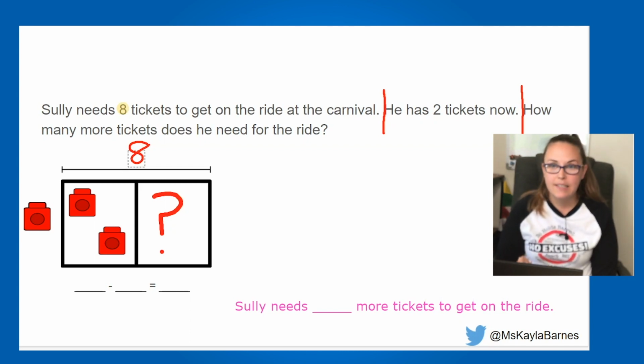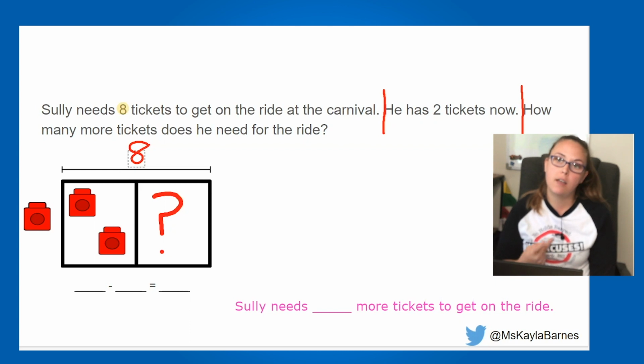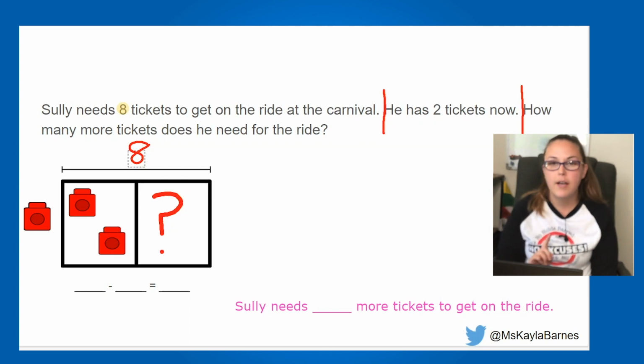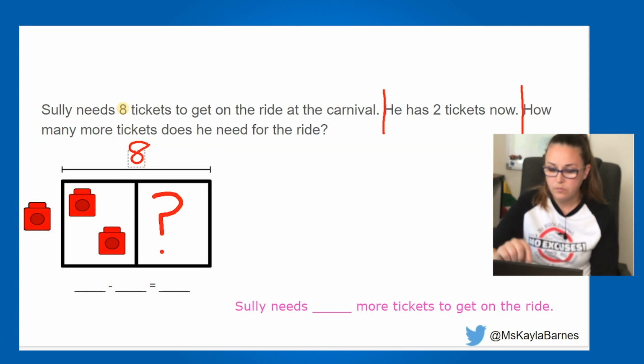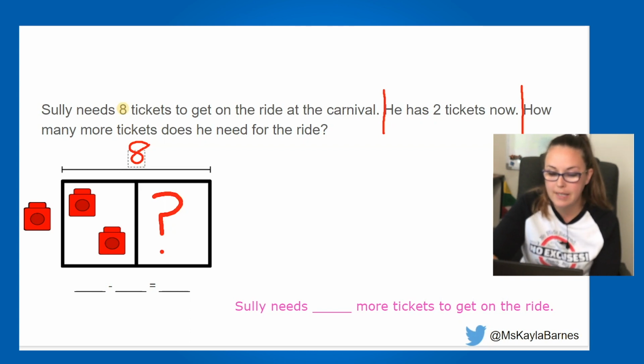Remember, the addends are the parts of the addition sentence that are being added together. So let's think about an addition sentence that we can write in order to solve this problem. Looking at my part whole map, I see that on the left side I have 2.